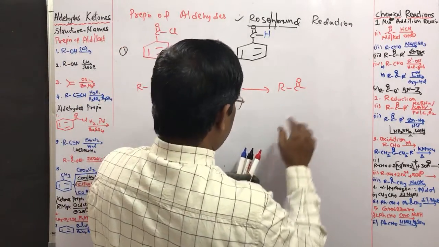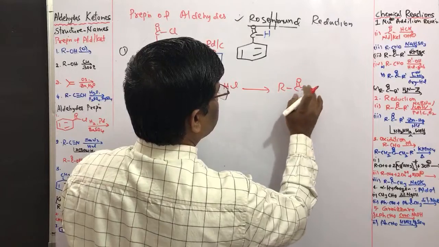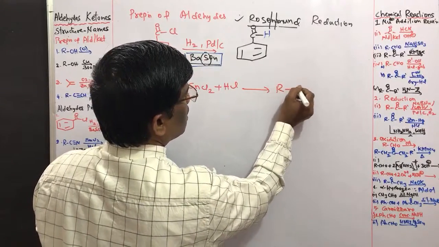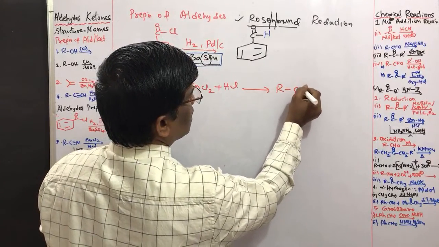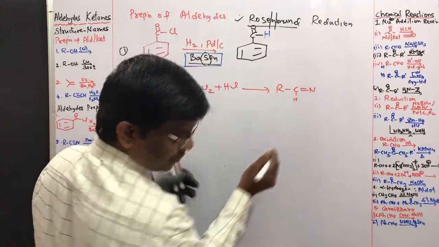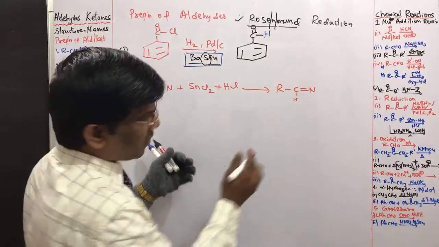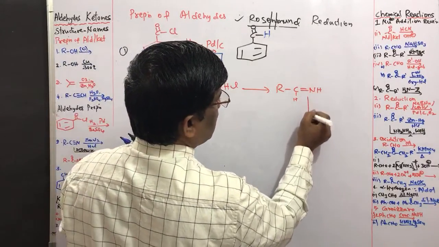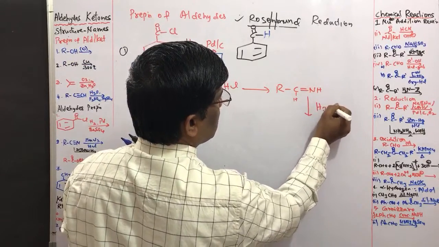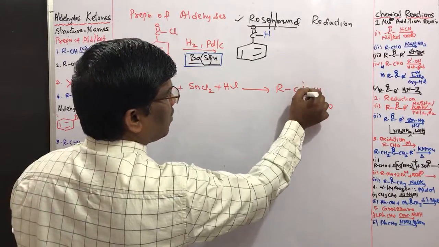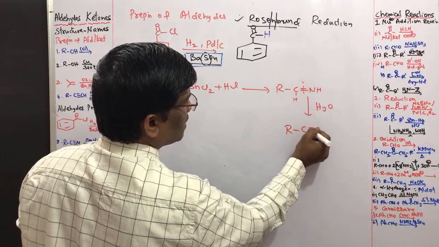And this intermediate is going to be R CH double bond NH. So this upon hydrolysis is going to give aldehydes.